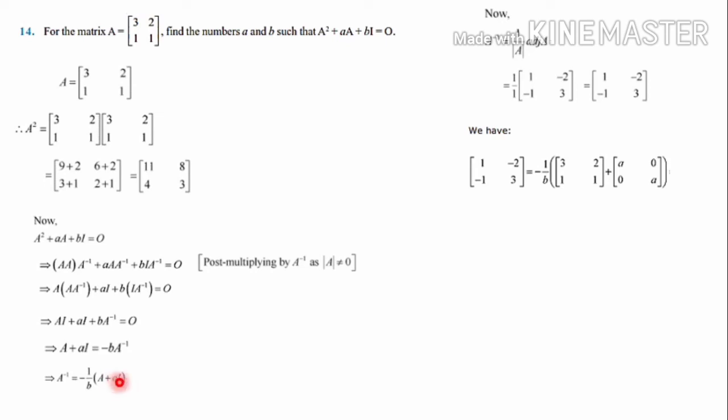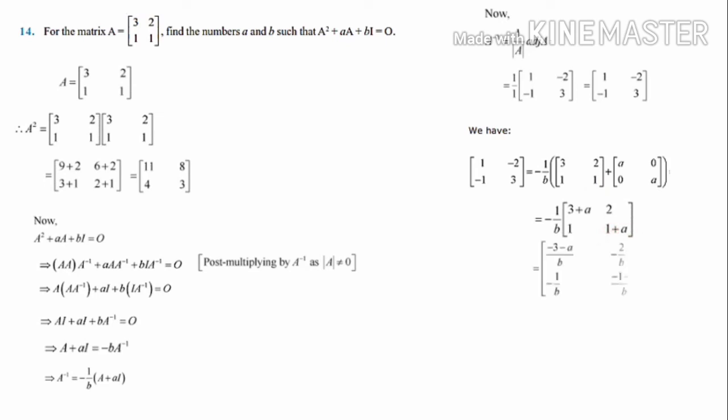If you multiply A inside, it becomes A, 0, 0, A. That is equal to minus 1 by B into, just add these two: 3 plus A, 2 plus 0 that is 2, 1 plus 0 that is 1, 1 plus A.